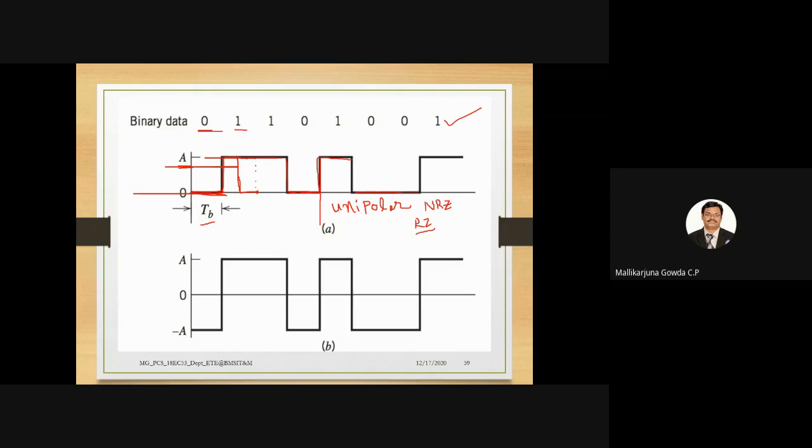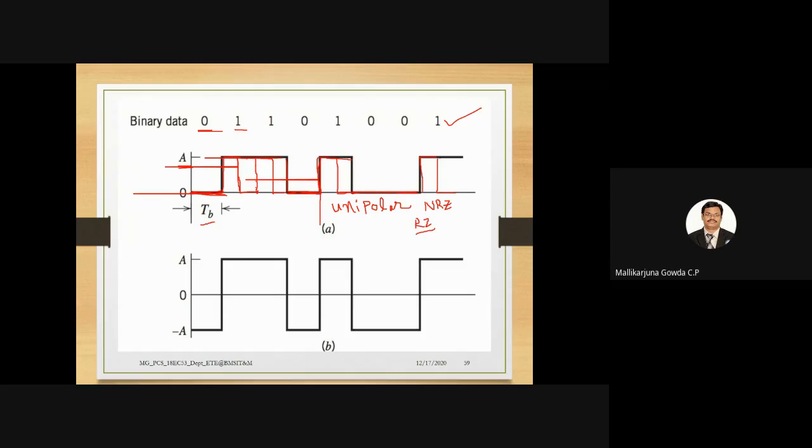Again, next one is there, so it will go back to high for half of the bit duration, and again come back to 0. Zero is by no pulse, same thing. Then here 1 is there, so it will be high for half of the bit duration and again come back to 0. That's why it is called return to 0. Zero is represented with no pulse. The next bit is 1, so it will be high for half the bit duration, and again come back to 0.